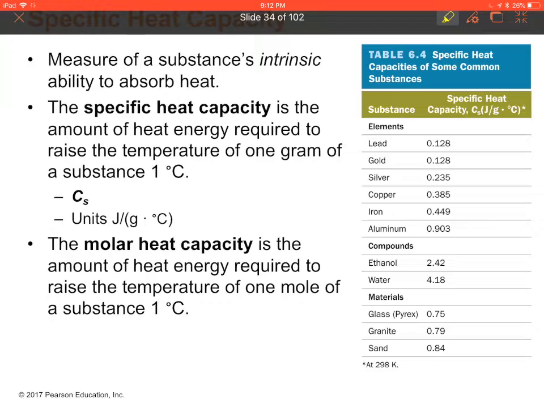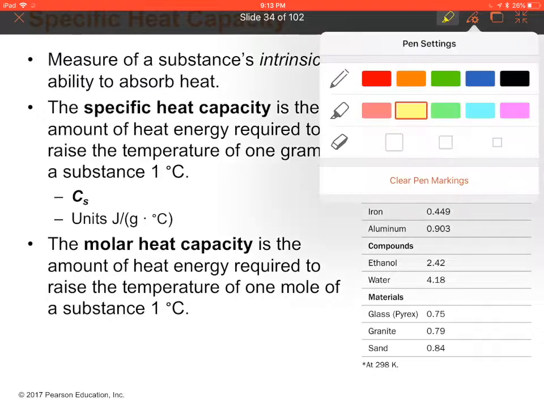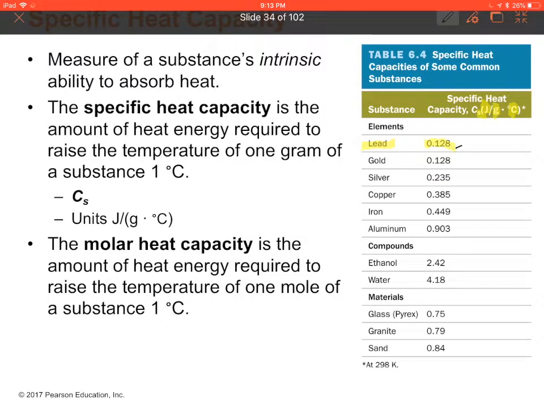So if we look at lead, we see that its specific heat capacity, this is in joules per gram degrees Celsius, again, it can be measured in joules per mole degrees Celsius, is 0.1268. It takes 0.1268 joules to raise 1 gram of lead 1 degree Celsius. That's what this means.